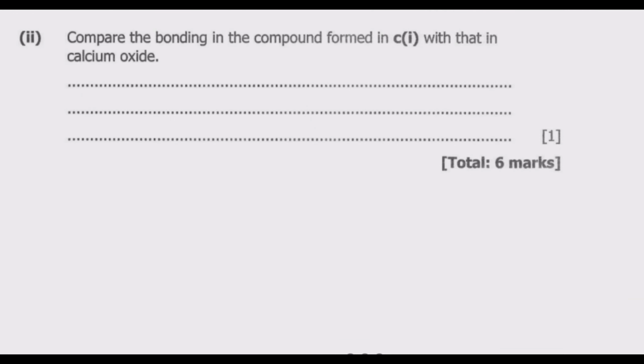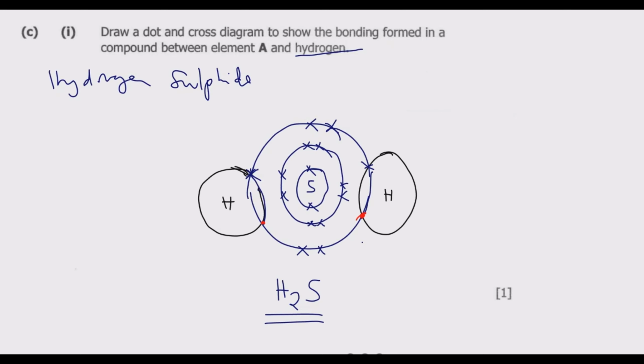Question C, Roman numeral 2. Compare the bonding in the compound formed in C Roman numeral 1 with that in calcium oxide. So we have calcium oxide, then we have C Roman numeral 1, which is hydrogen sulfide.